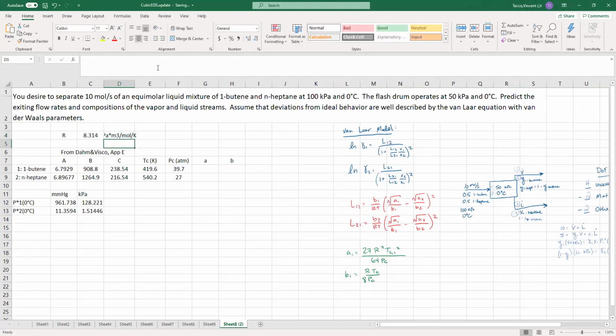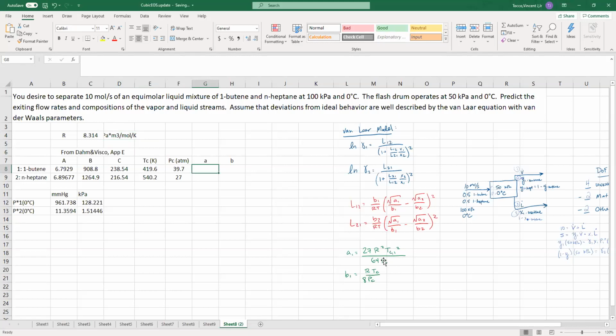Remember, it may be tedious to write these units out like this, but if you always think about what your units are, you'll save yourself a lot of headache when you have a mistake with your units. Let's see, what are the units of the A and B constant going to be? Should both be in terms of volume, right?